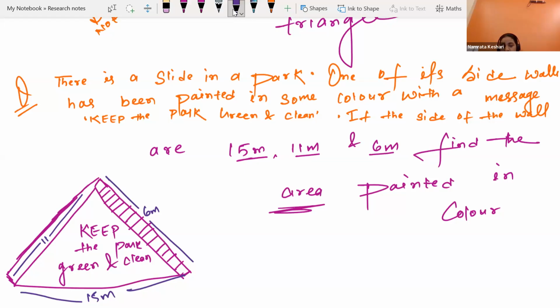Ma'am, root 6, 15. Can you please repeat again, Safia? 6 to 15 meters. 3 meter square. Have you got the same, Tejas? No, ma'am, it's 20. 15 meters. Ma'am, I got 20 root 22 meter square.